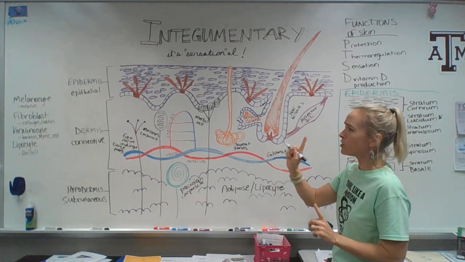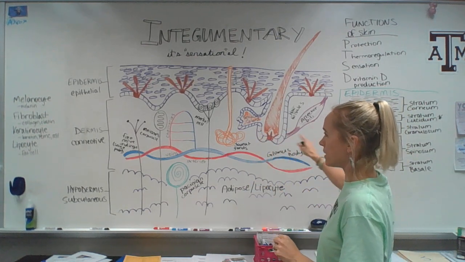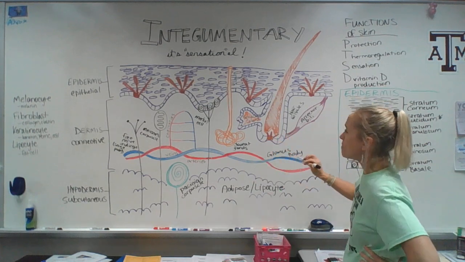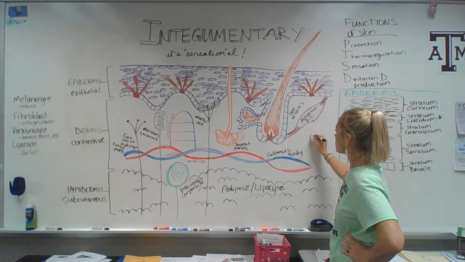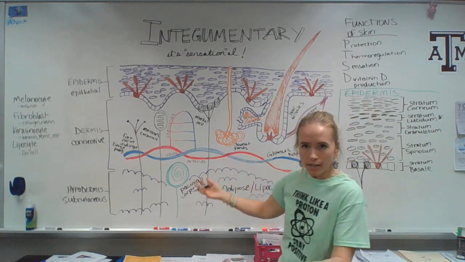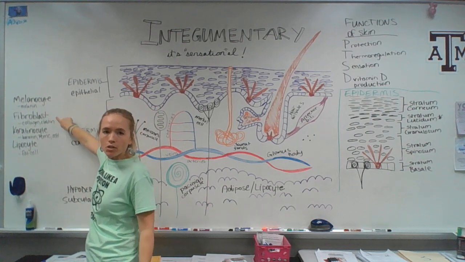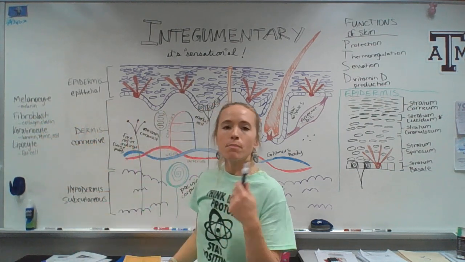But before I go into that, I do want to mention what the cells are that make up this dermis. The dermis is made up of cells called fibroblasts. It's made up of a lot of different cells. It's connective tissue. But a fibroblast makes something special. It makes collagen and elastin. Collagen is going to provide strength.